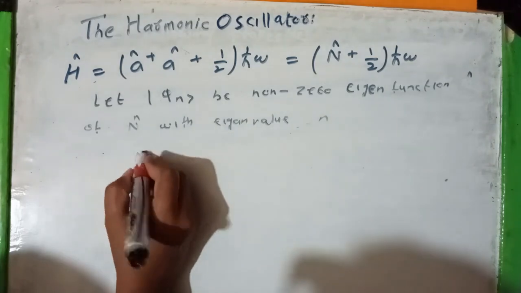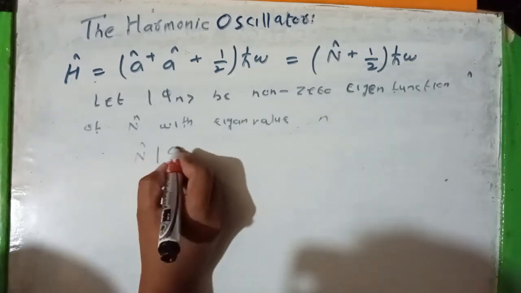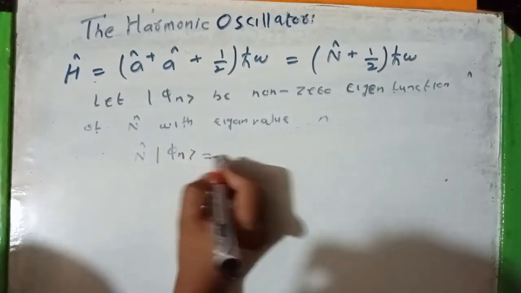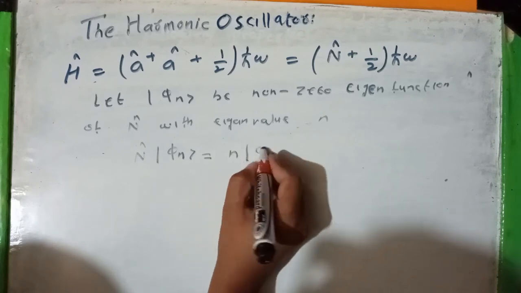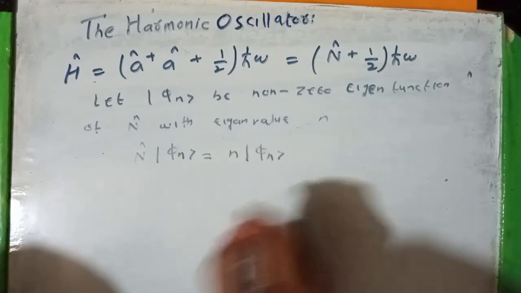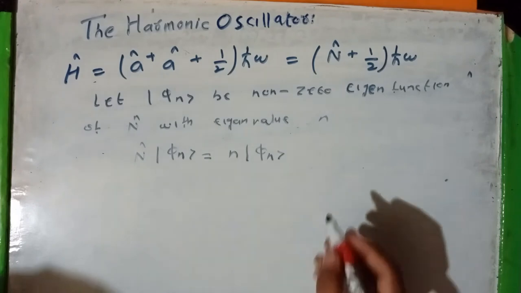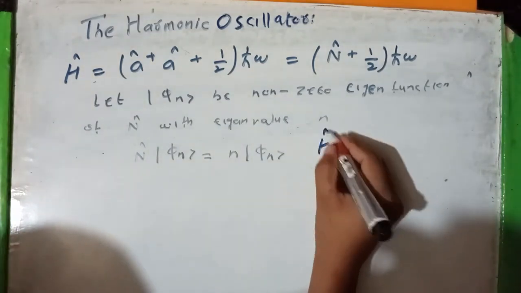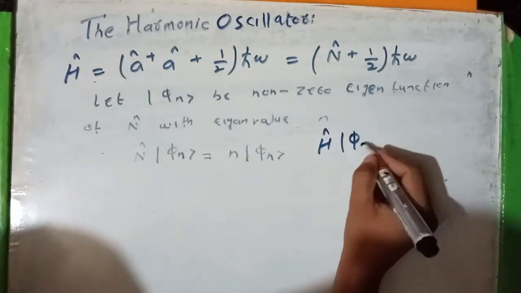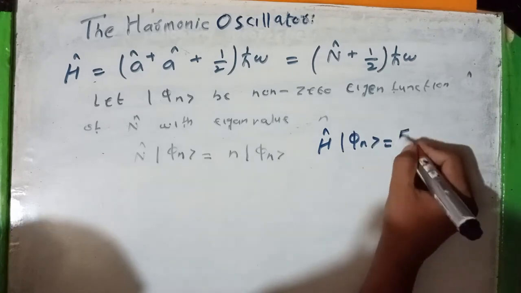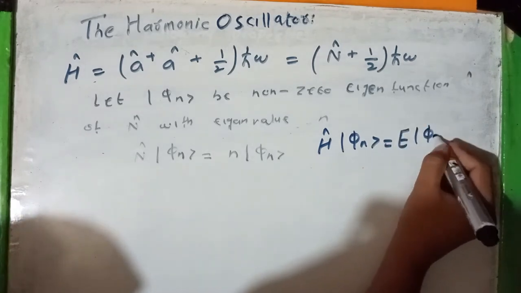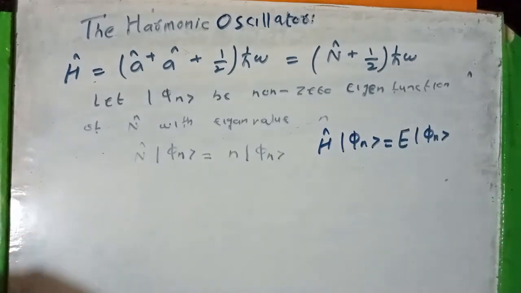So when the n operator acts on state phi of n, it gives n phi of n. Similarly, when H acts on state phi of n, it gives E phi of n, where E is the energy.